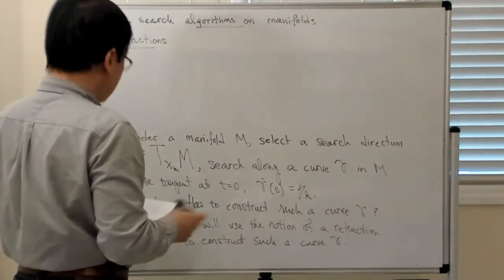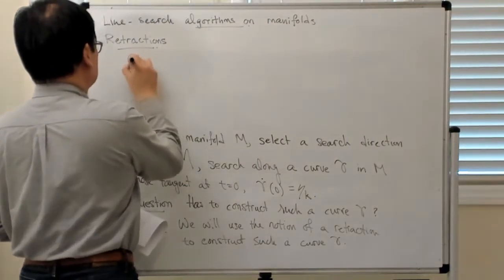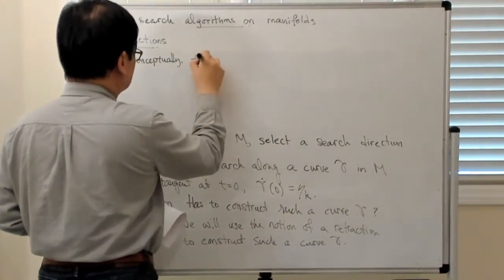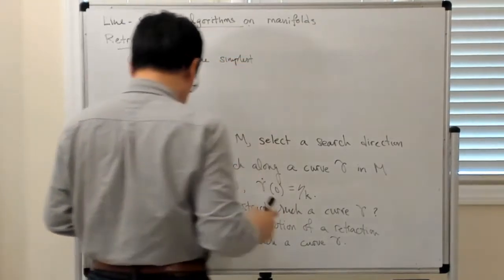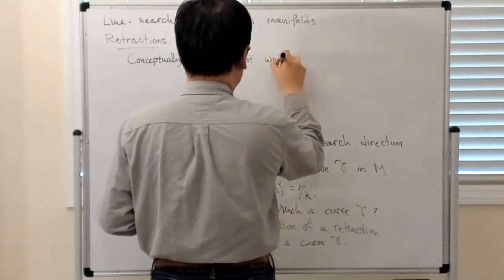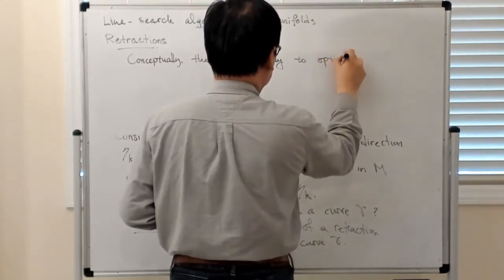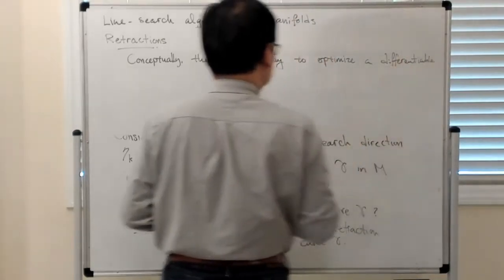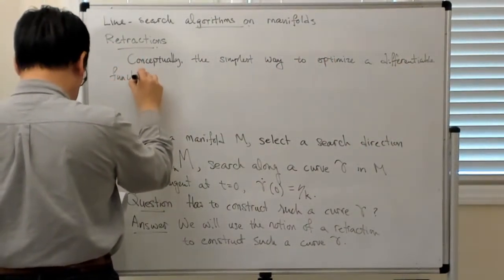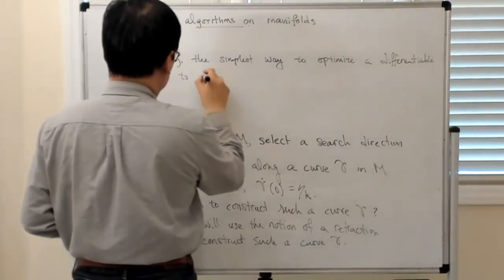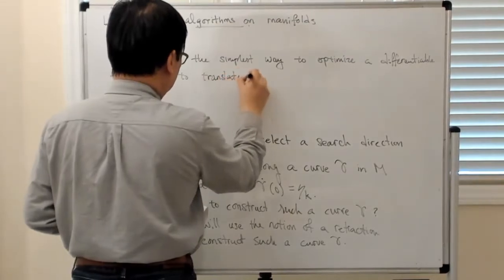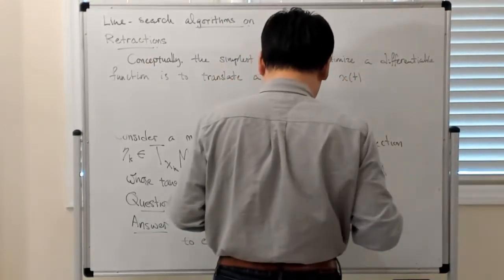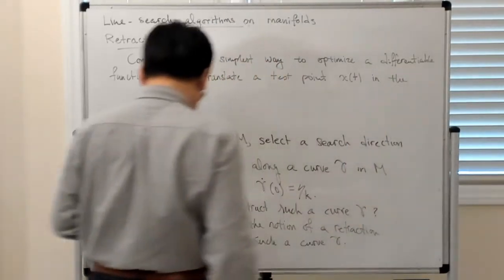Conceptually, the simplest way to optimize a differentiable function is to translate the test point x(t) in the direction of steepest descent.